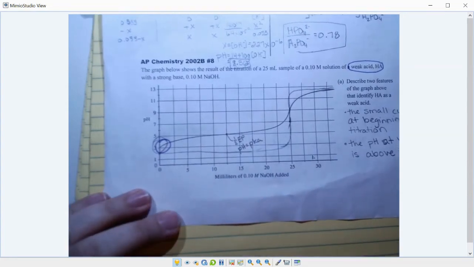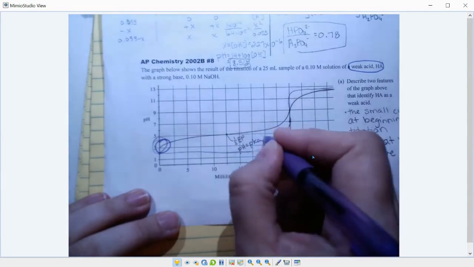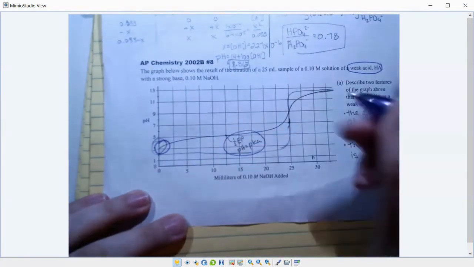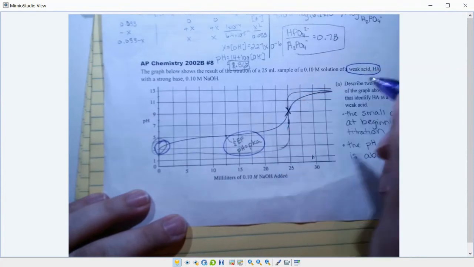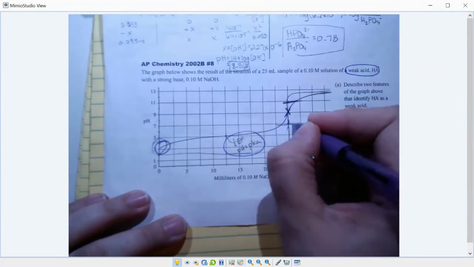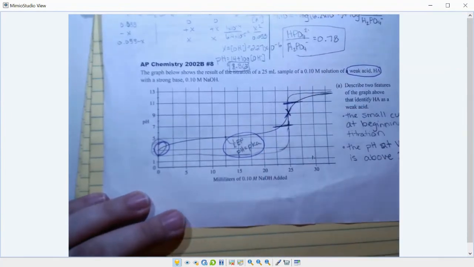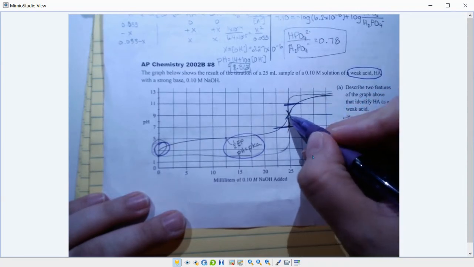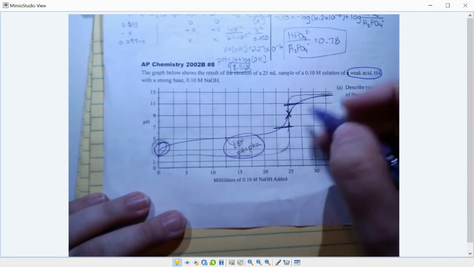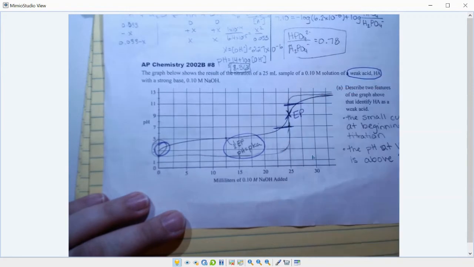And so if it's a weak acid, there's a relationship that happens at this thing called the half equivalence point. Again, the equivalence point occurs where you find the most vertical region of the graph, and wherever that midpoint is, that's what we would call the equivalence point. So this is the equivalence point here.